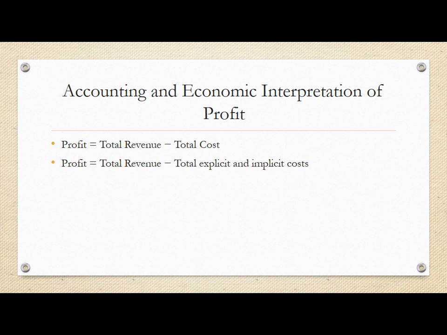Similarly, the entrepreneur provides managerial services for which he does not receive any remuneration by way of salary. Therefore, we find implicit wages, implicit interest, and implicit rent included in the cost of production. Thus, we can say that in the economic sense, profit is equal to total revenue, which remains the same, minus total explicit and implicit cost.